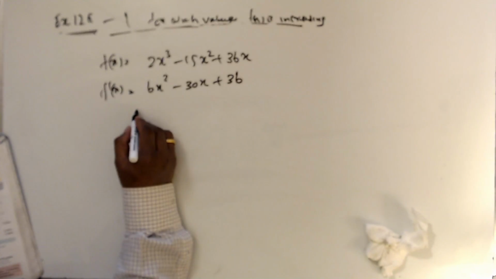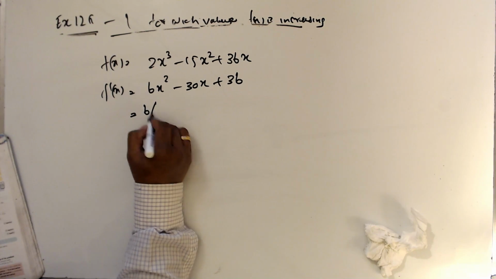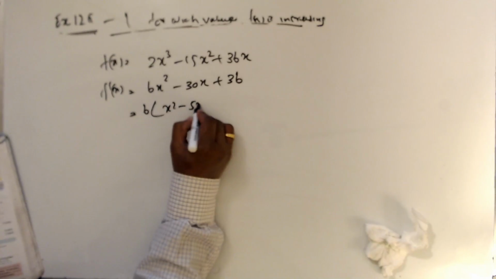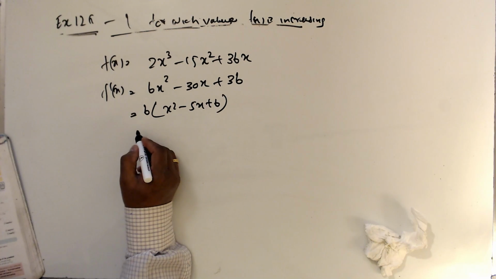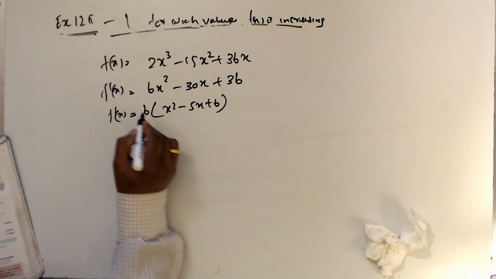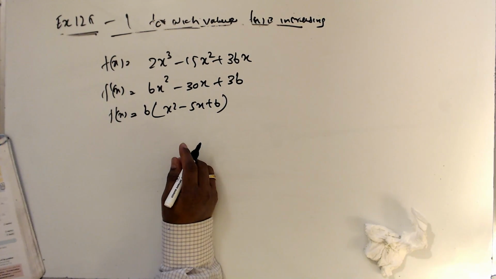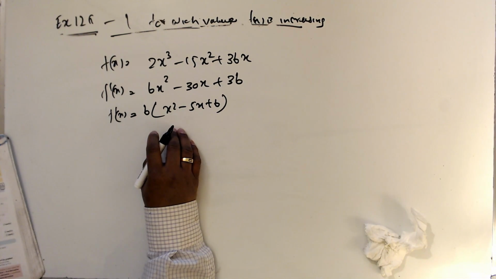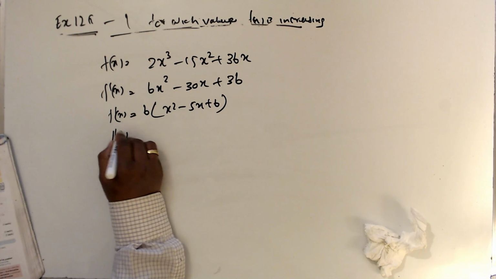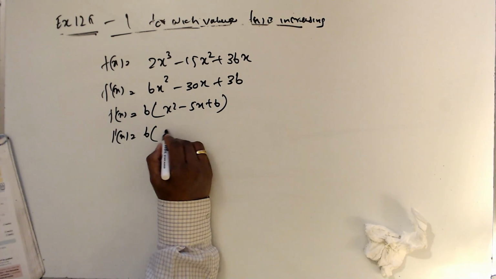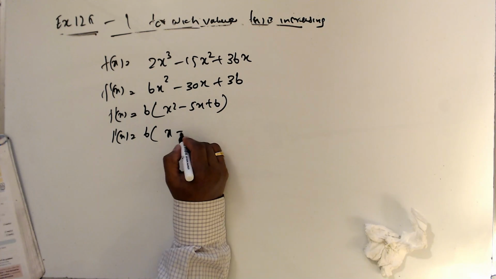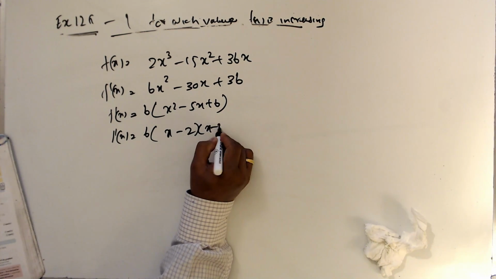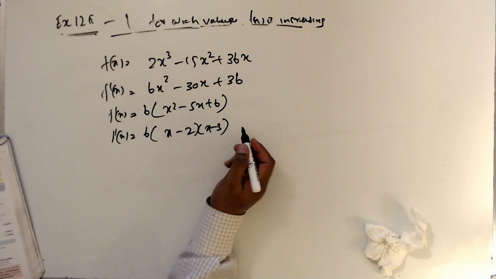I think I can factorize it as 6 times x square minus 5x plus 6. Now we want to find for which values f dash x is greater than 0. Let's see whether we can factorize this one: x minus 2, 2x minus 3. So yes, we can factorize this one.